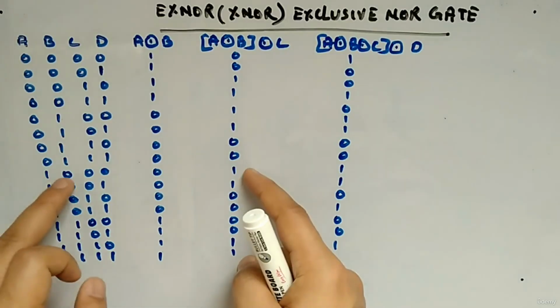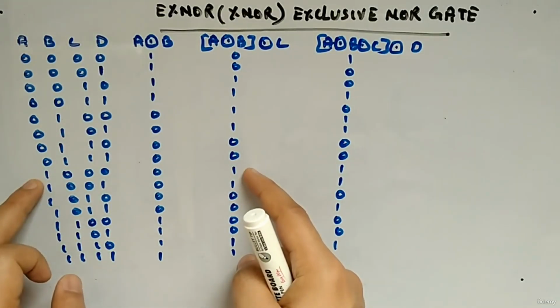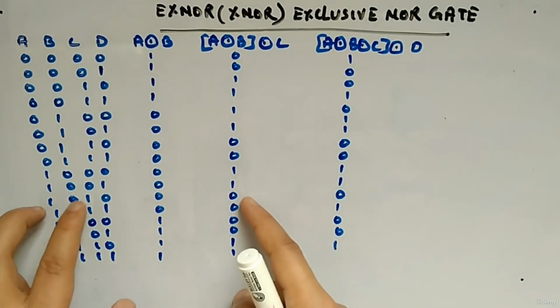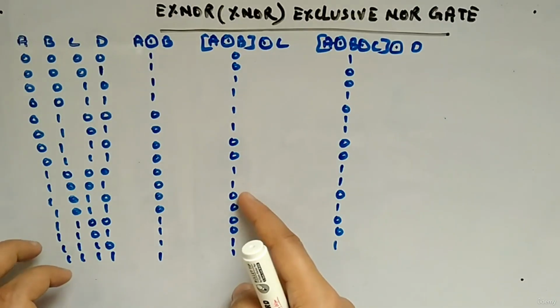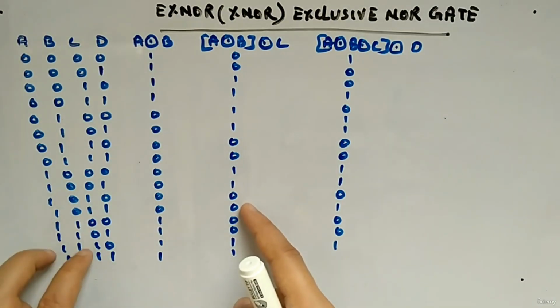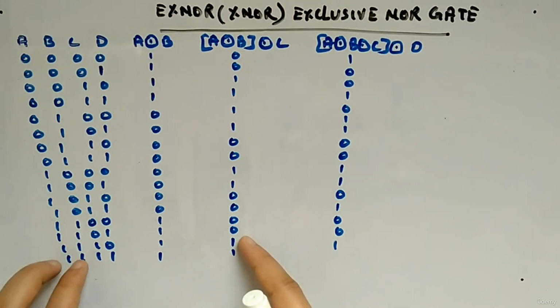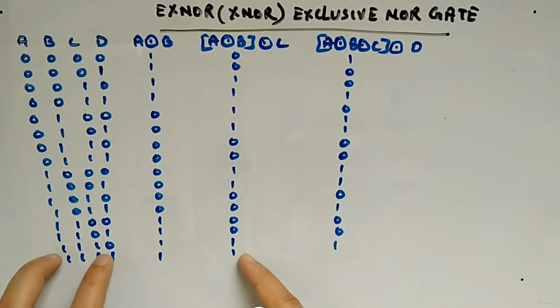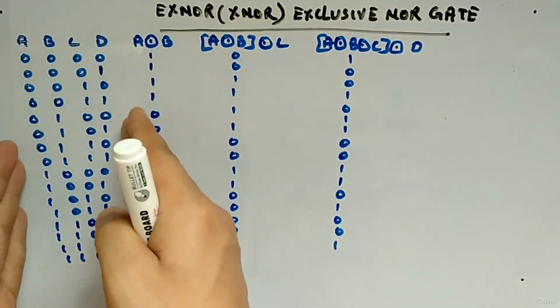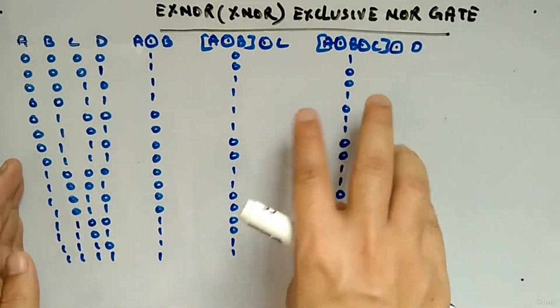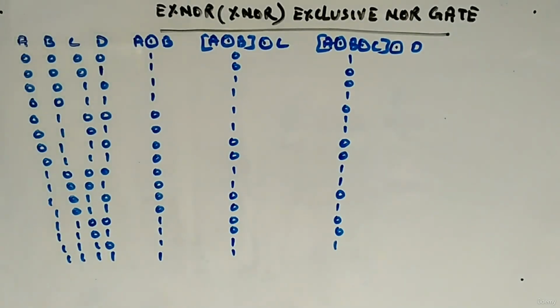Here you can see again an odd number of ones, then here an even number of ones, then again even, then again even, sorry, odd. Okay, so if you include 4 inputs, it will again become an even number of ones detector.